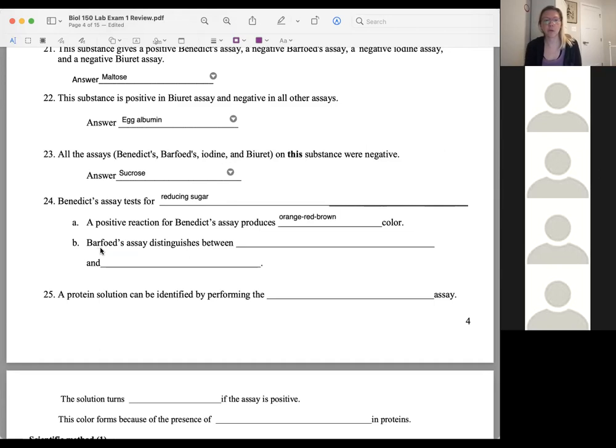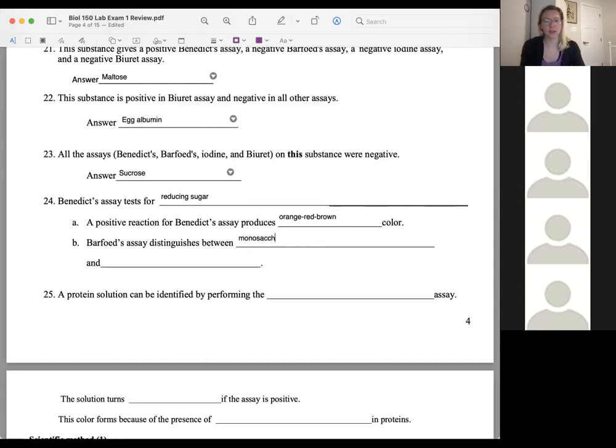And then the Barfoed's, this is the other carbohydrate assay, right? And this one distinguishes between two types of carbohydrates. Monosaccharides and reducing disaccharides.